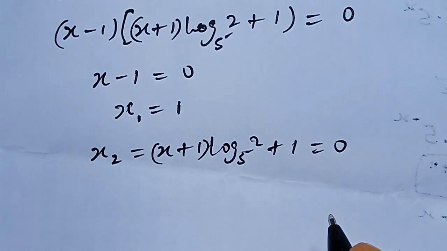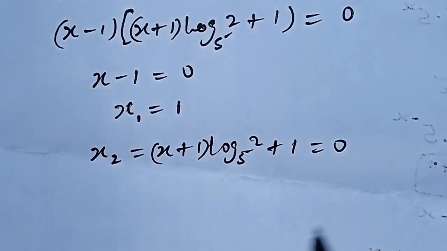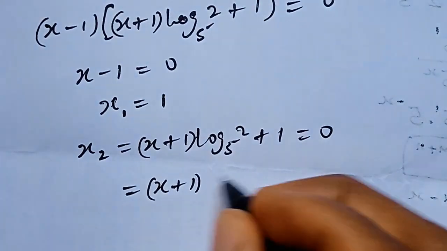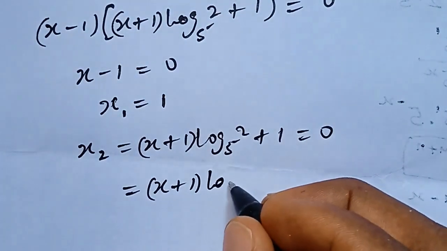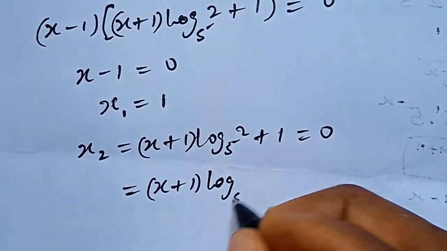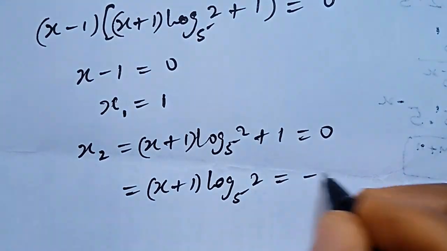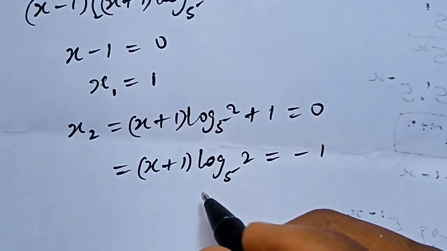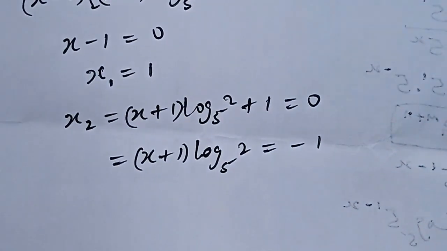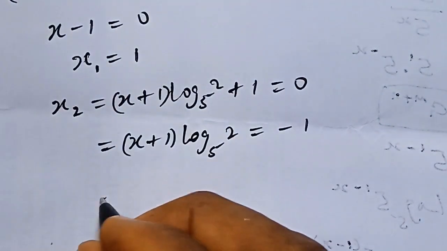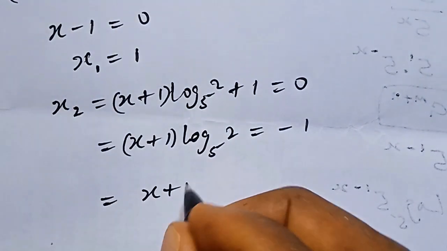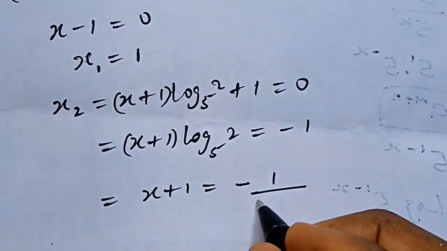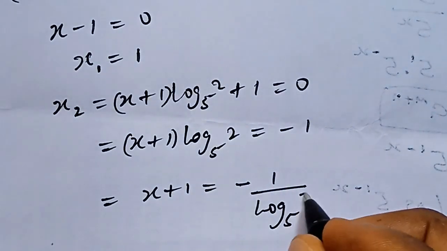So we can move 1 to the right hand side. We have x plus 1 log base 5 of 2 equals minus 1. Okay, then we can divide both sides by log base 5 of 2, and we have x plus 1 equals minus 1 over log base 5 of 2.